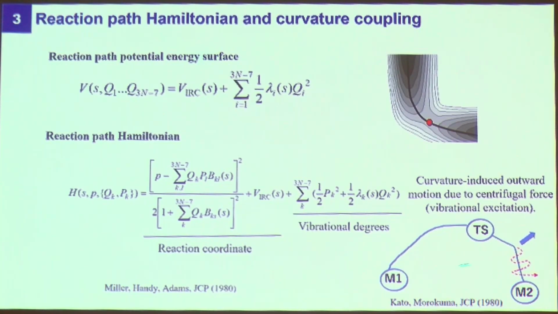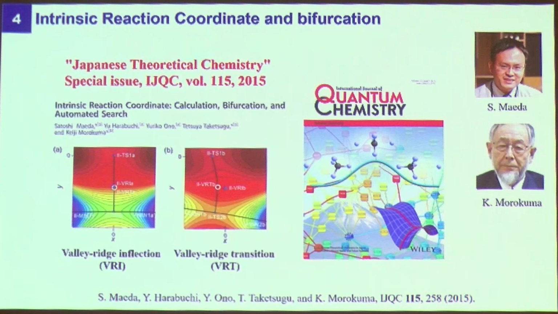And in the same year, Shigeki Kato and Keiji Morokuma developed and proposed a method to examine which vibrational mode is excited by the reaction path curvature. In this picture, the curvature induces outward motion due to centrifugal force, leading to vibrational excitation.